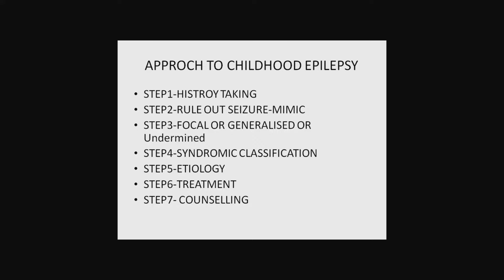These are clinical events which look like seizures but are not seizures. Then once we think that it is a seizure, we have to classify whether it is focal or generalized seizure. Then next is syndromic classification, then etiology, treatment and counseling.